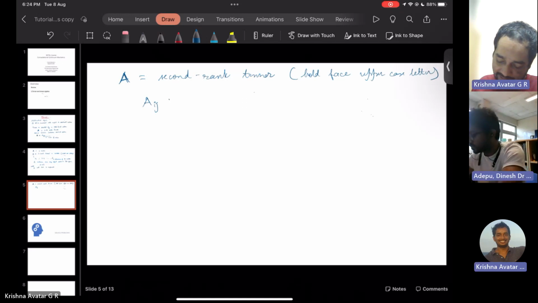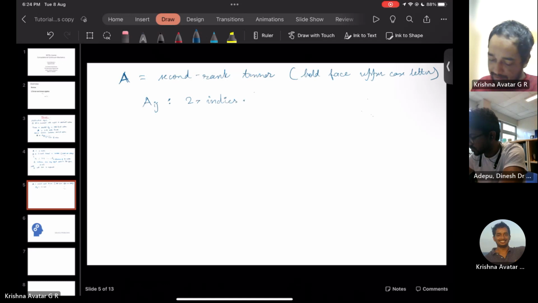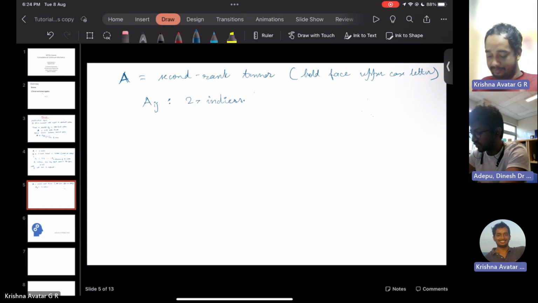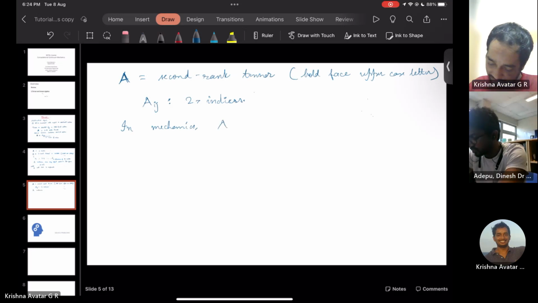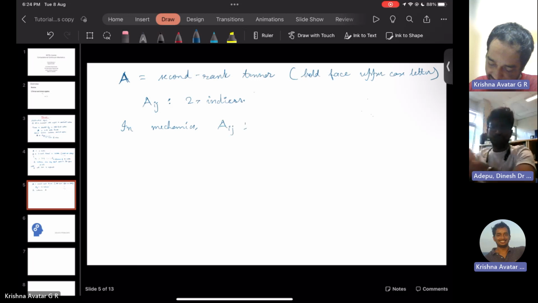So the representation in any particular reference system will have two indices, and based on the dimension of the problem, the values of i and j can go from 1 to d, which is the dimension of the problem. In mechanics, most problems are in 3D, so the indices go from 1 to 3.